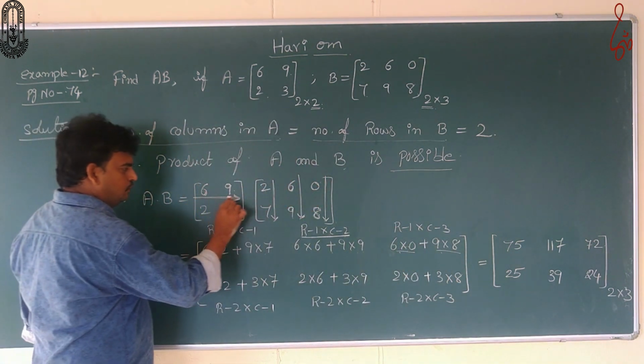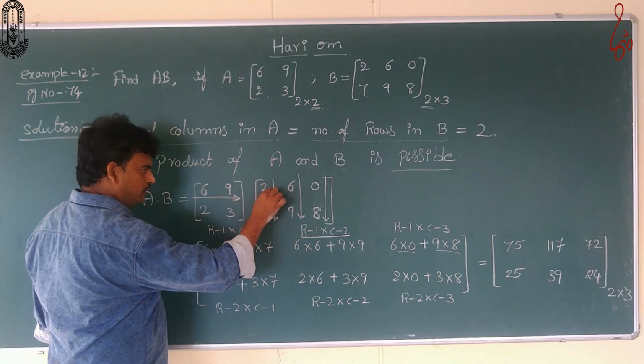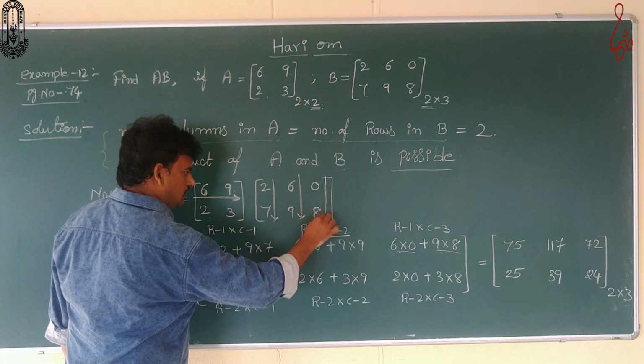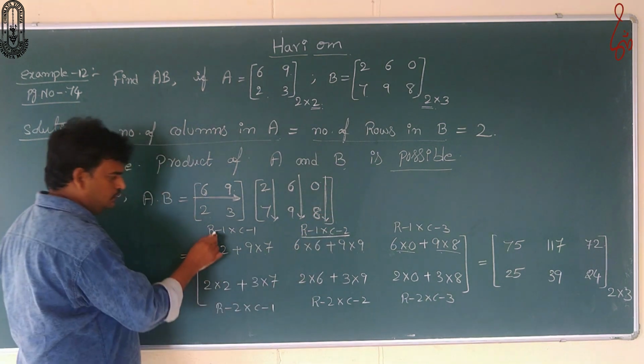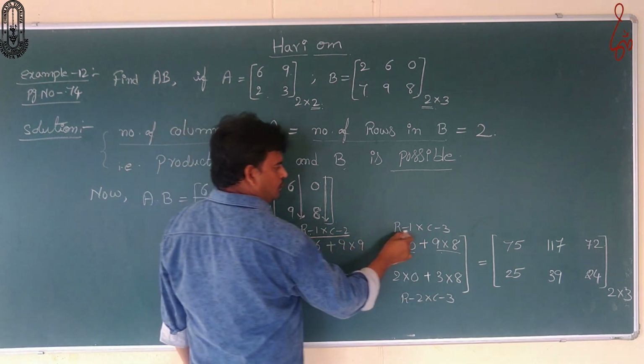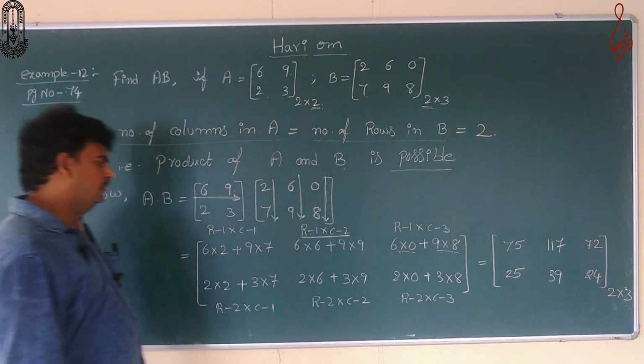Now with the first row we have completed the products with column 1 elements, column 2 elements and also column 3 elements. So row 1 into column 1, row 1 into column 2, row 1 into column 3.